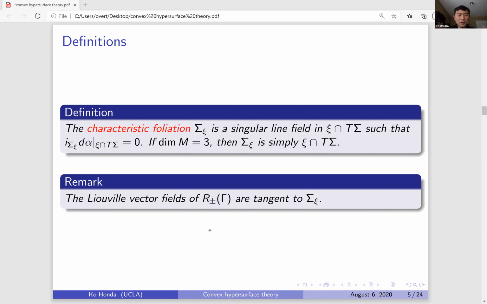So you can think about a convex hypersurface as being two Liouville domains stuck together, and the characteristic foliation is the Liouville vector field on one side and the Liouville vector field on the other side. Maybe you have to reverse directions.